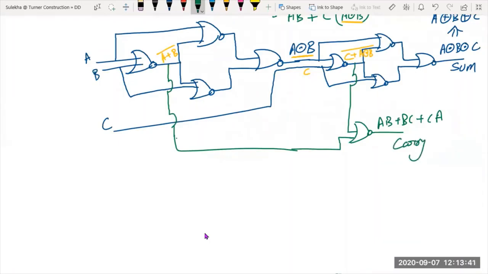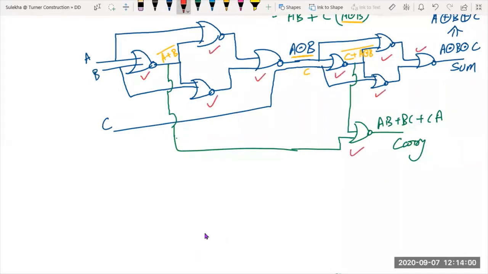So with this method, you can design a full adder using two-input NOR gates only. You have used 1, 2, 3, 4, 5, 6, 7, 8, 9.